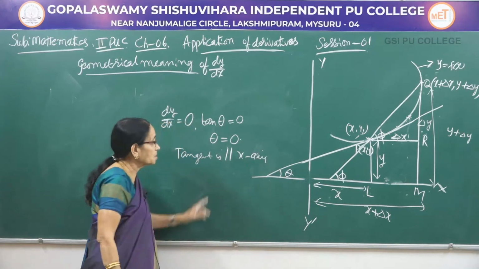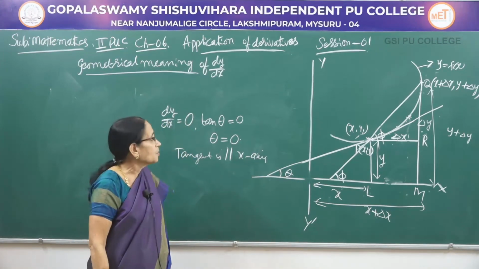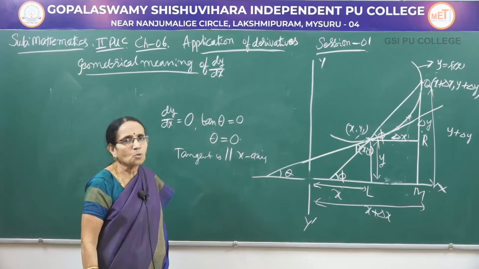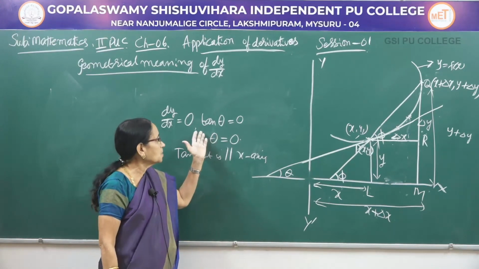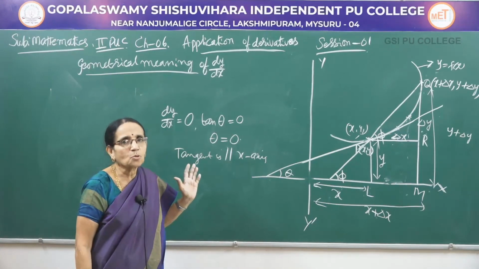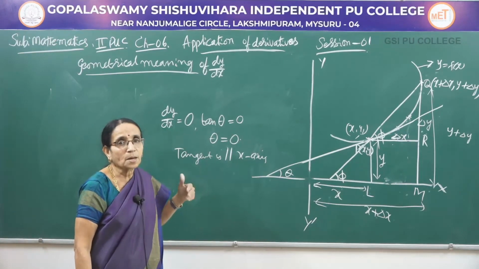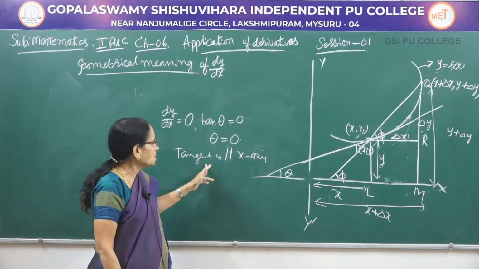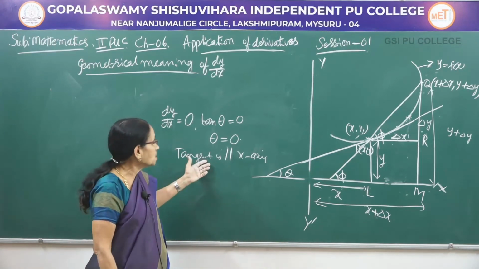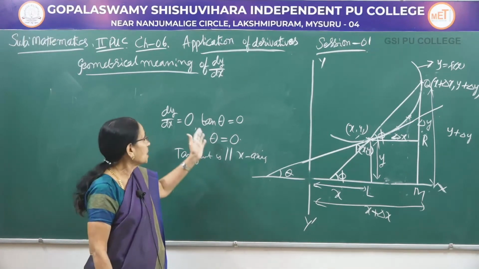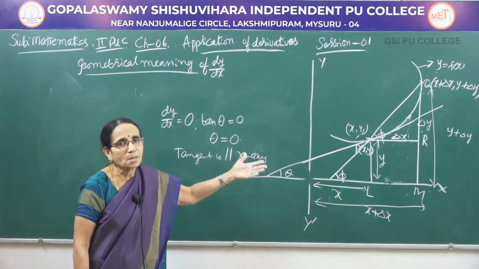This information you have to remember because we are going to work out problems, 1 or 2 mark questions, in which we use this knowledge. Sometimes by giving the value, we may get dy by dx equal to 0. Then what we can conclude? We can say that the tangent is parallel to the x-axis. Or it may be given that the tangent is parallel to the x-axis, and you will be asked to find the coordinates of that particular point.